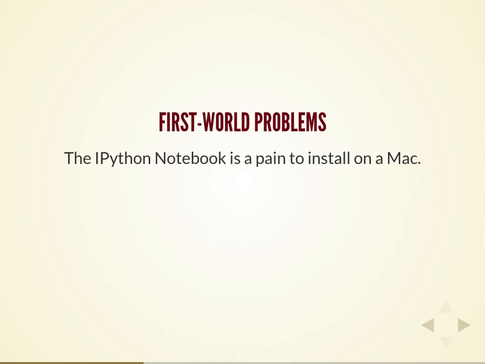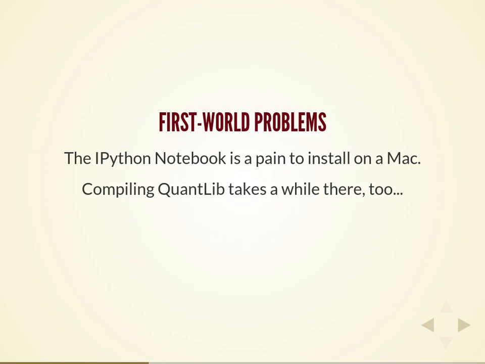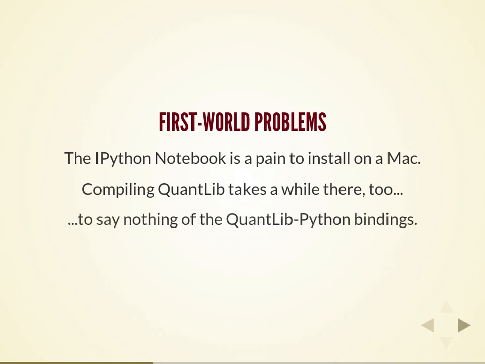The second one was that QuantLib is starting to take a while to compile, and to take some memory to compile, and even more so for the QuantLib Python. So I was able to do it on my machine, but it was starting to get a bit taxing.